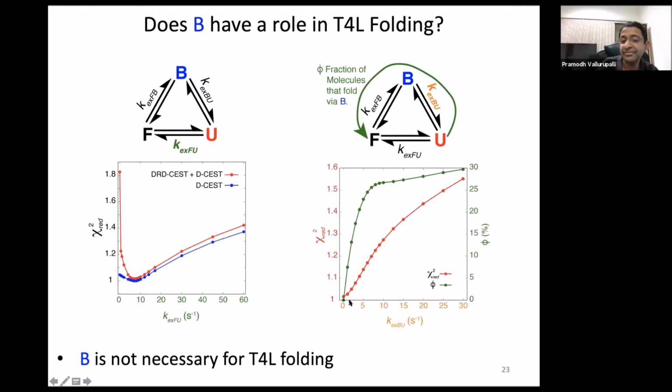So what we could say for sure is that B is not necessary for folding, and we can also say that this pathway that goes via B does not have a big role. The minimum comes when KEX BU is close to 0, but I don't want to say we can rule it out or anything like that.